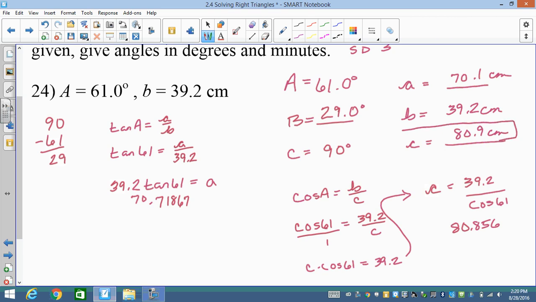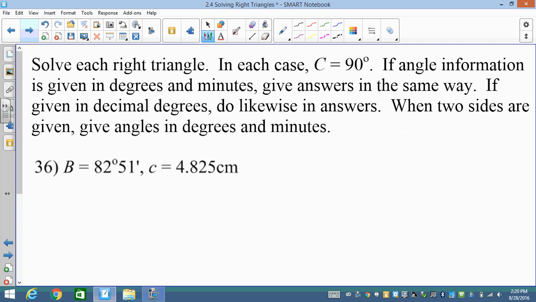And it's larger than side a, so we know we're in good shape. Okay, I believe we have one more of these to go. So what I'm going to ask you to do is pause, try to work through the problem yourself, see where you're getting stuck so you know where to ask questions tomorrow, and then we'll move on.